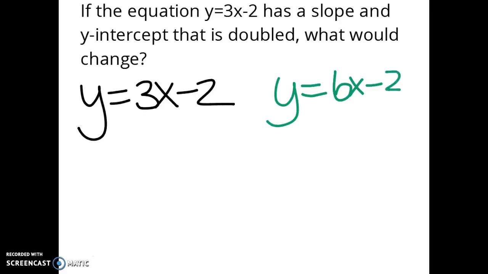Let's see what we observe. We notice that the 3 has now become a 6. So we know that the larger the slope, and in this case the 3 and the 6 are the slopes, the steeper the line. So this equation, the green equation, is steeper than the black equation.